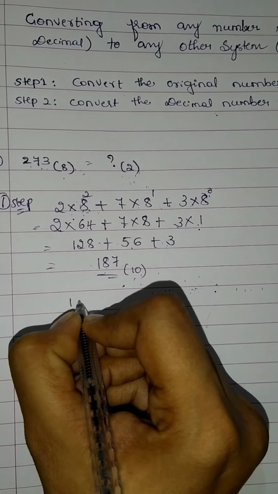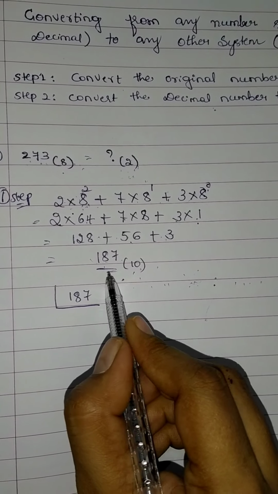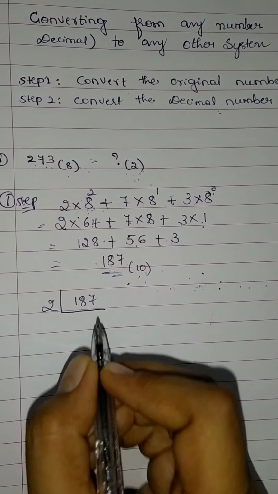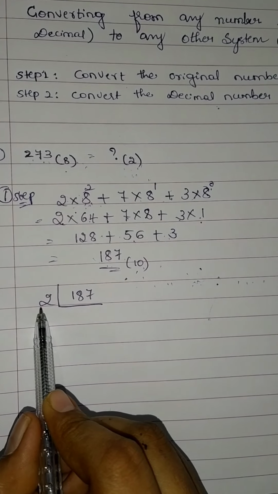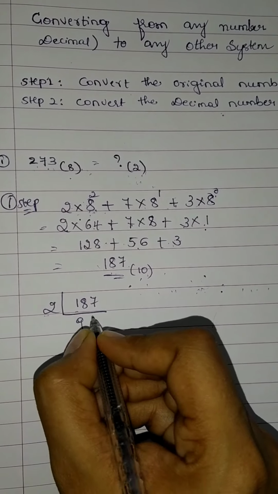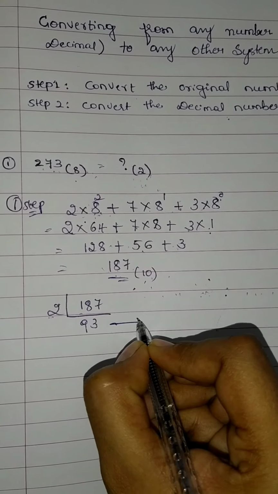So in the second step we divide the obtained decimal number by 2, which is multiples of 2. 2 nines are 18, then 2 threes are 6, 7 minus 6 is 1. So what will be the remainder?